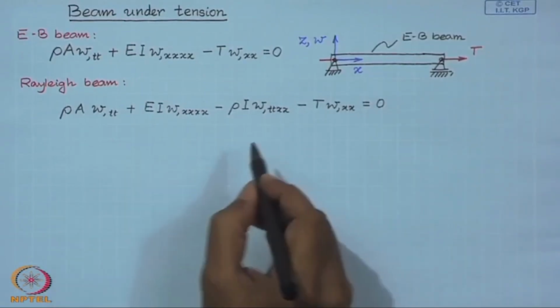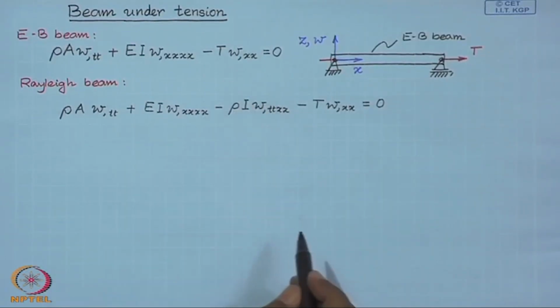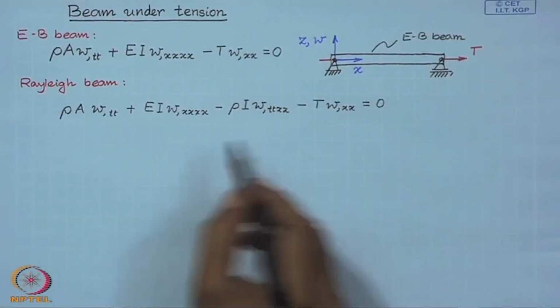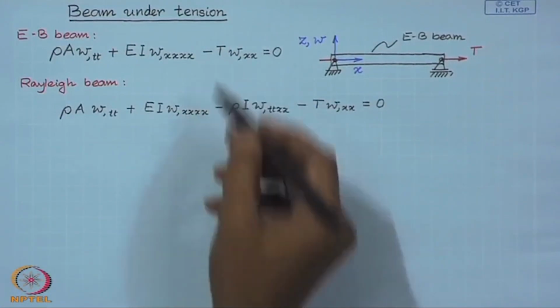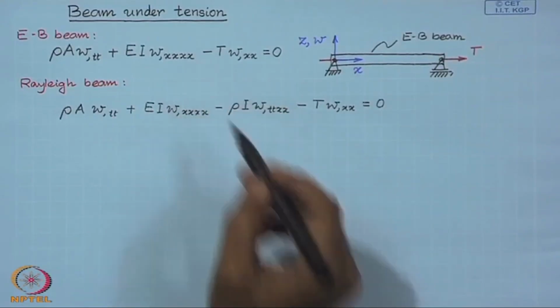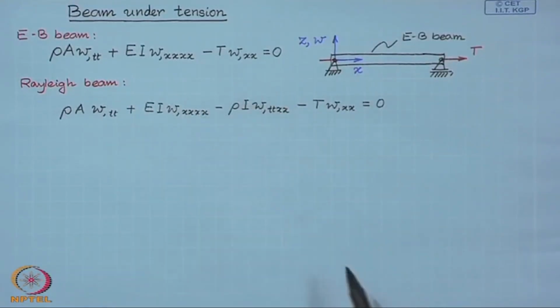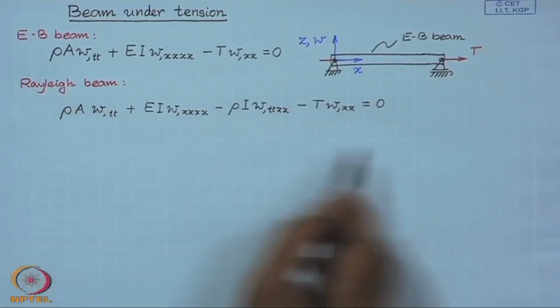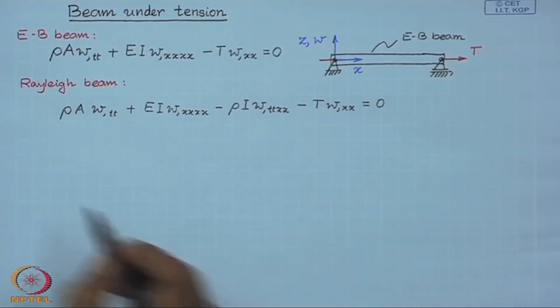So, this is for a Rayleigh beam which has this additional term because of the rotary inertia. Now, since this can always fall back to the Euler-Bernoulli beam if you drop this rotary inertia term, we can discuss the Rayleigh beam.